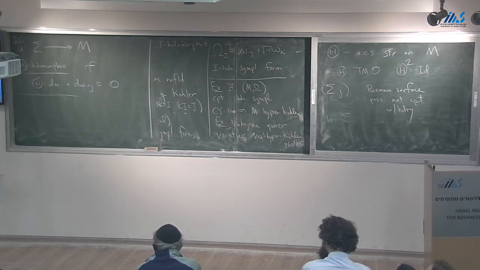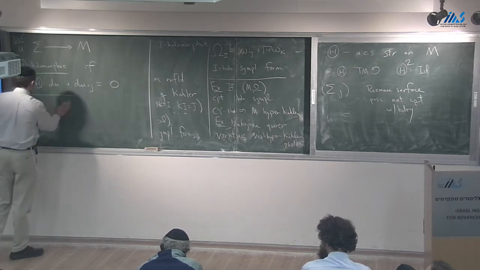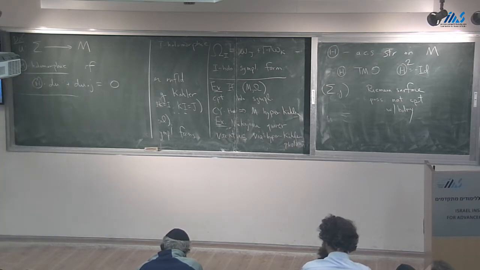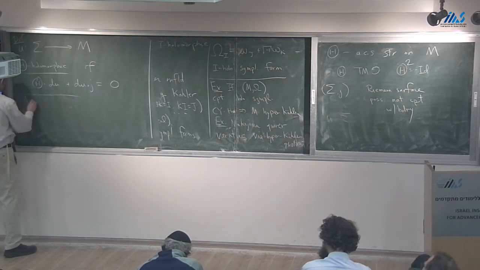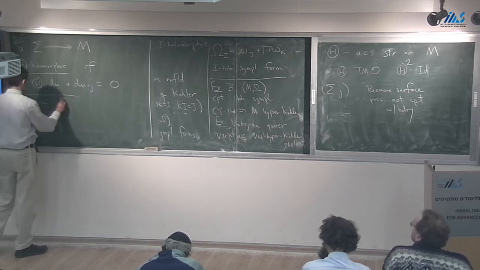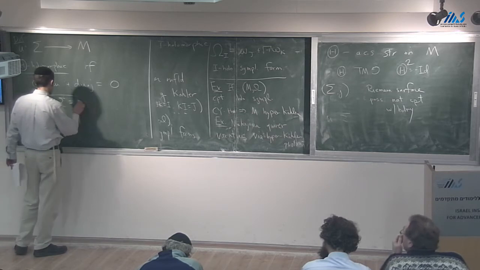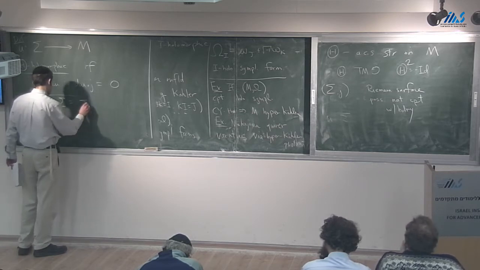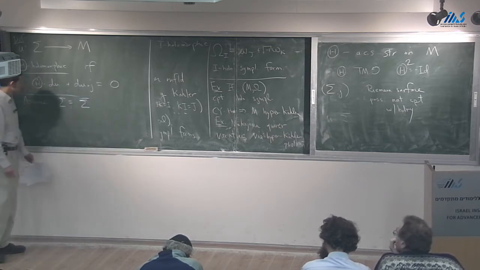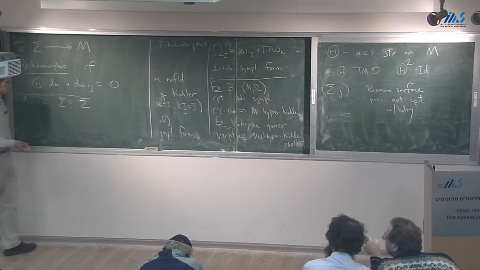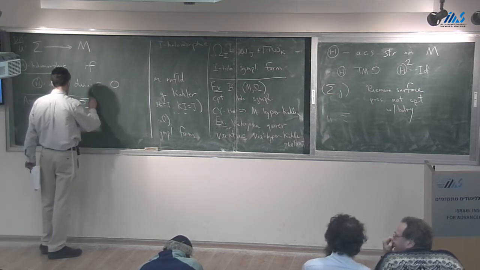But let's say what happens for hyperkähler manifolds, and why these turn out to be not quite as interesting as you would think in that case. Let's assume now that Sigma is obtained from a compact Riemann surface by removing a finite set of boundary points.